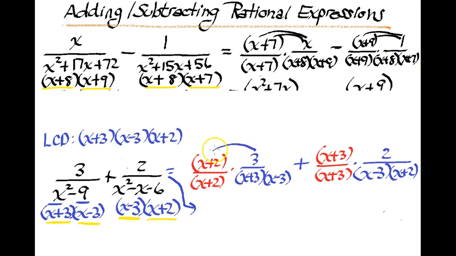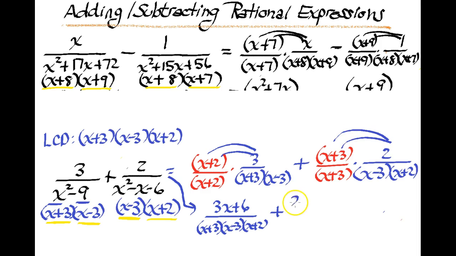So when I distribute this 3 across both terms, I get a 3x plus 6 over my LCD: x plus 3, x minus 3, x plus 2. And when I distribute across this, I get a 2x plus 6, and I get an x plus 3, x minus 3, x plus 2.